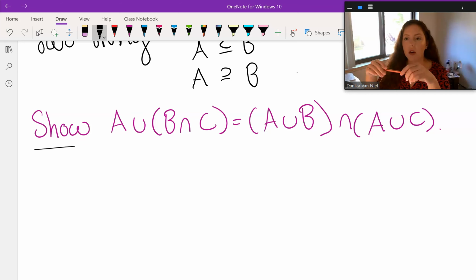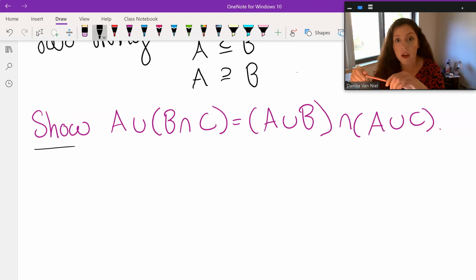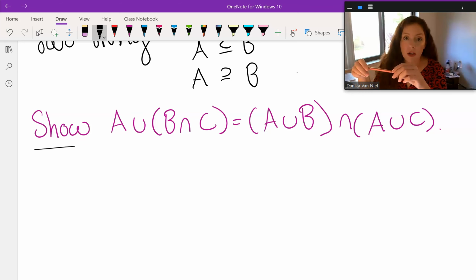Why I use prove and show interchangeably, well, that's kind of how I live my mathematical life. But why I do it with teaching is because you might go up into higher level classes and maybe the professor sees prove and show differently, like maybe one is stronger than the other. But you'll go in just doing all of it the strongest, so you won't lose any points.